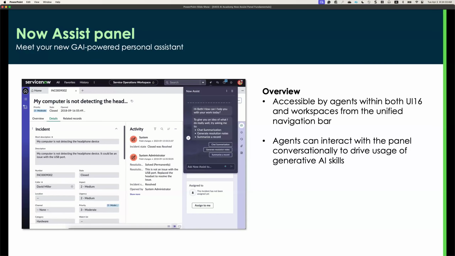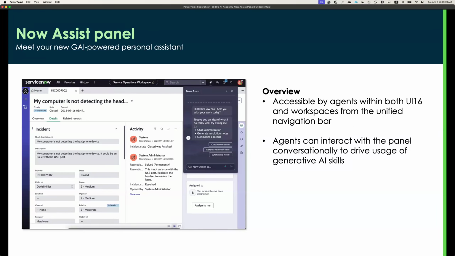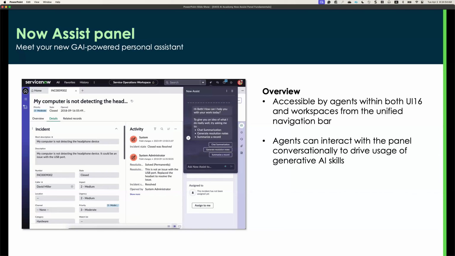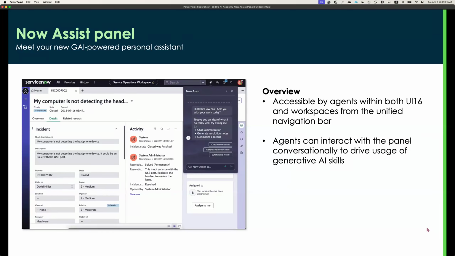I'm not sure if it's visible on your screen, but there's the little sparkle icon in the top corner that you can click on, and it will open it up. Then the agent can interact with it to run a lot of our skills. This is a conversationally driven product, and I'll showcase what that looks like in a second.